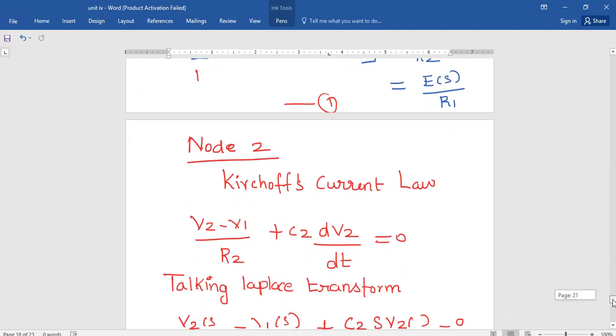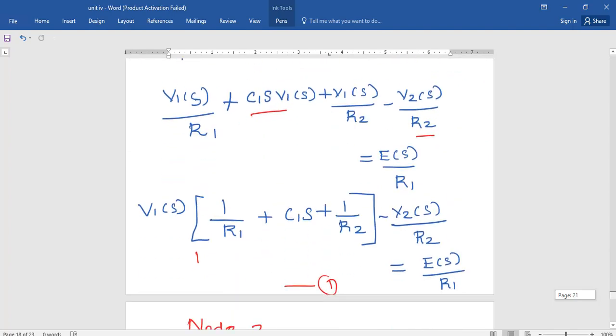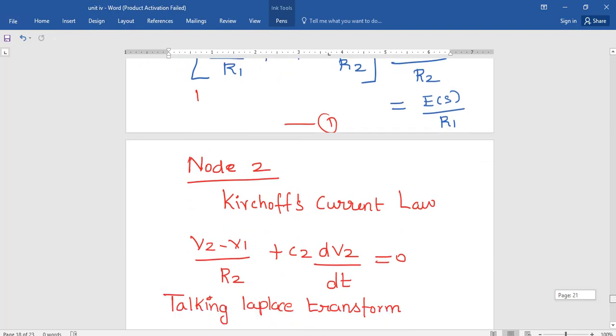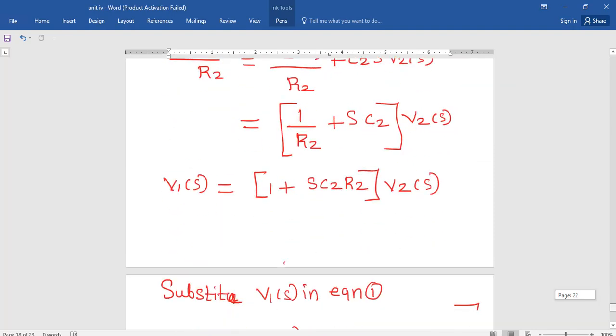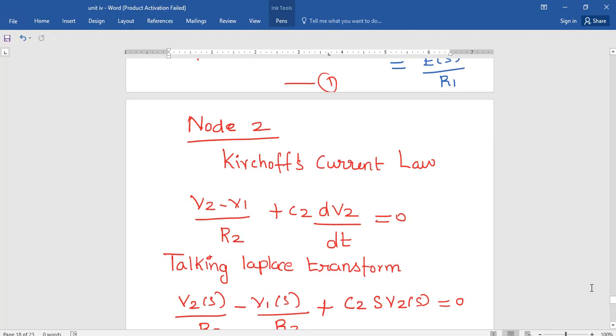Next, let us apply Kirchhoff's current law to node 2. In node 2, resistor R2 is connected to node 2 and C2 is connected to node 2.